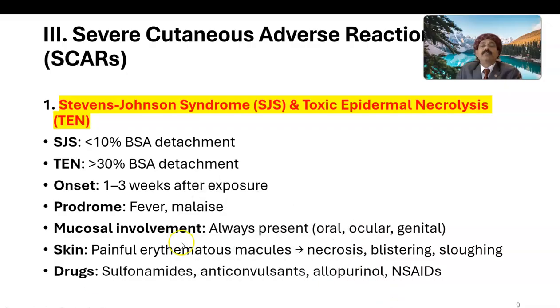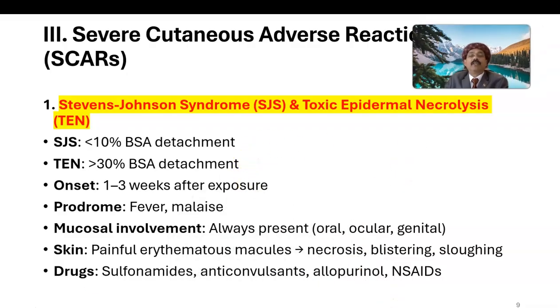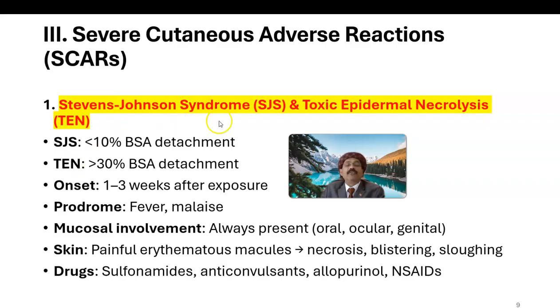Severe cutaneous adverse reactions like Stevens-Johnson syndrome, SJS, and toxic epidermal necrolysis or TEN. These are similar, but in Stevens-Johnson syndrome there is less than 10% body surface area detachment.